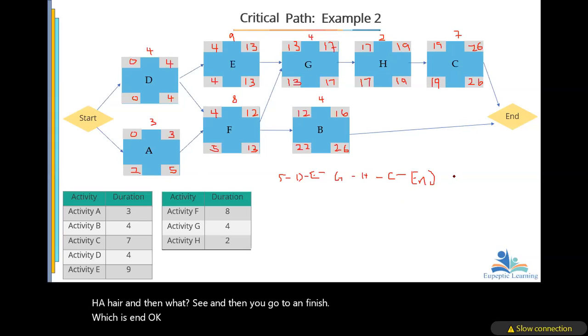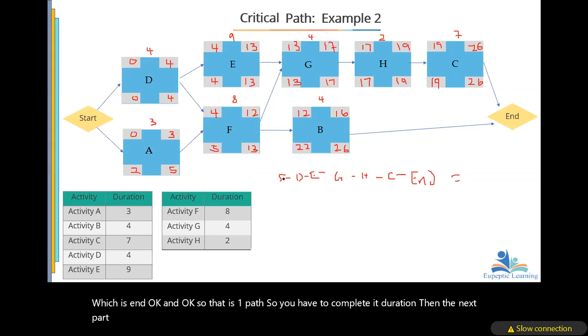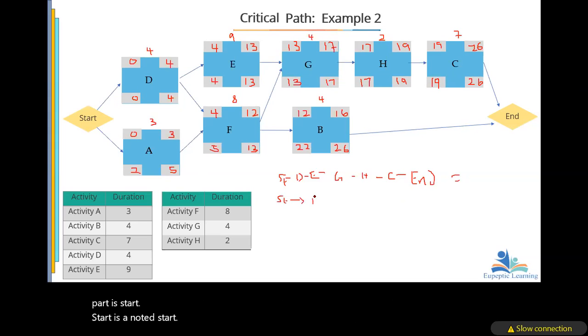Okay, so that is one path. So you have to calculate its duration. Then the next path is start, A, F, B, and then it will end. Okay, is that all?